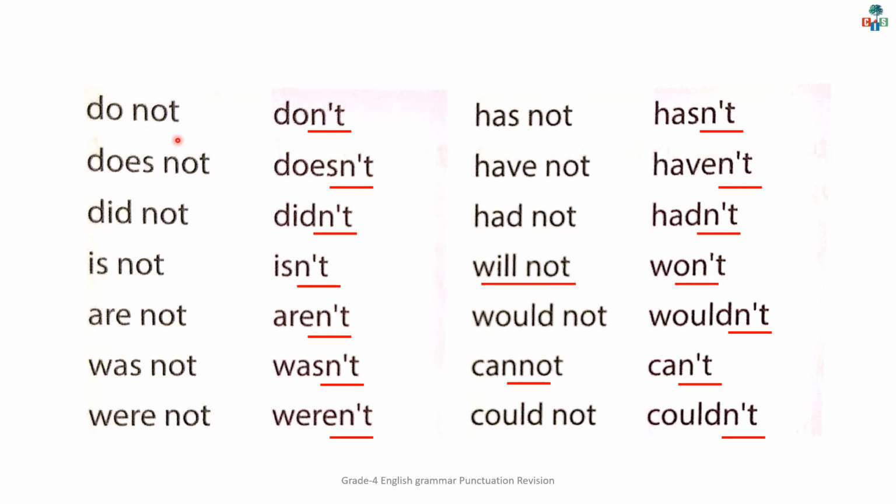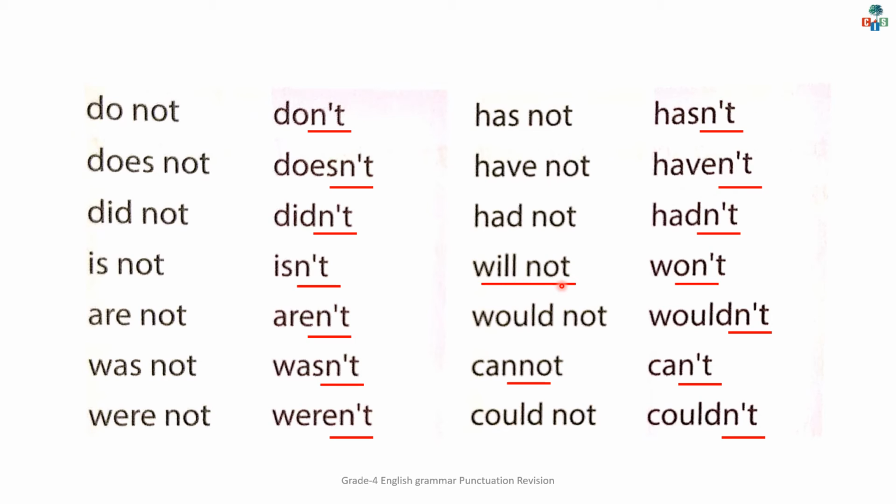Children, see these negative contractions. Do not. And when you use an apostrophe to form a contraction, it will become don't. You have to omit this letter O and in that place you will use an apostrophe mark. Do not, don't. Now look at these words, children.